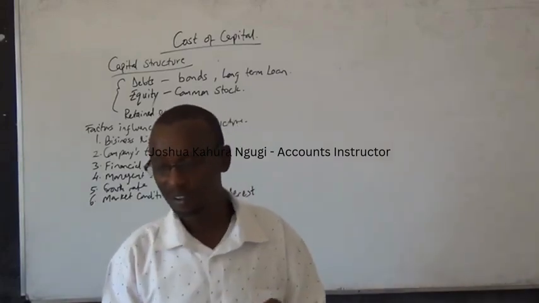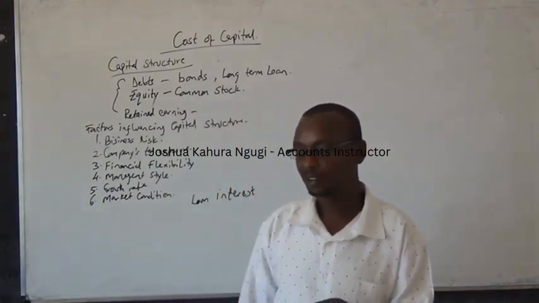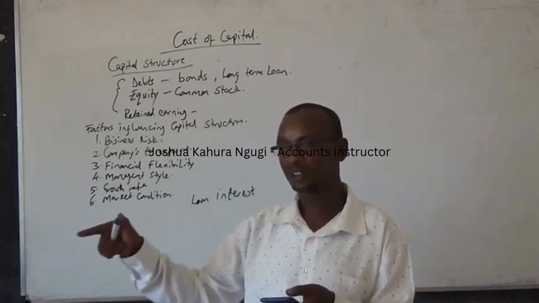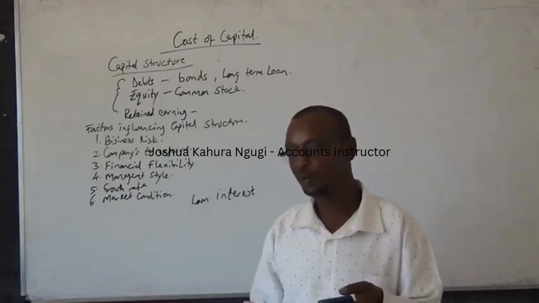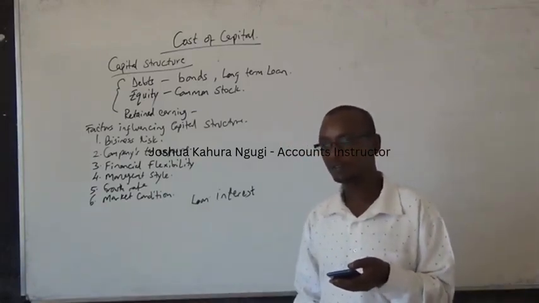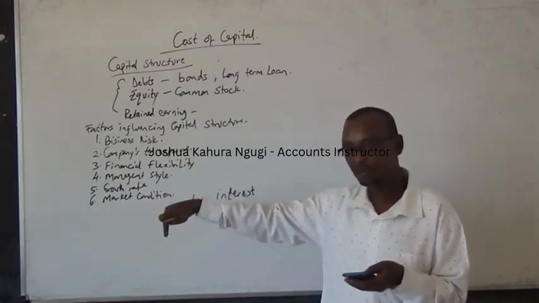Now, there is a firm here that is doing a particular business, but that business is not doing well, it is down. If you are a bank, you will be wary of giving it a loan. If you are a shareholder, you will be wary of buying shares there.